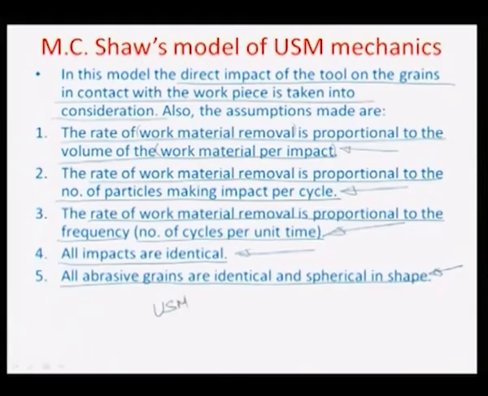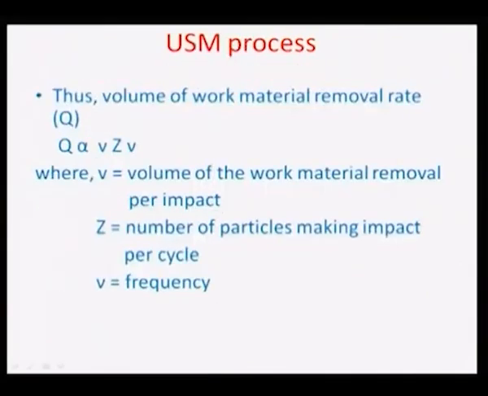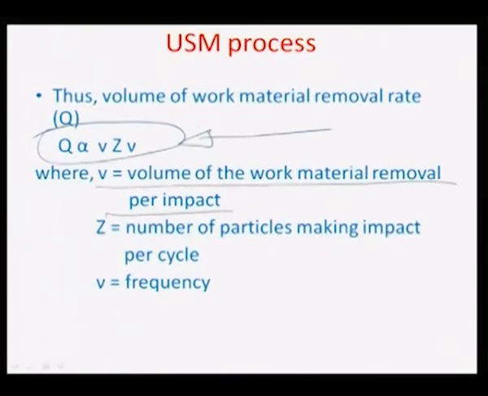If you go for a predictive estimation of the MRR, or the material removal rate of a USM process, this comes out to be of the form Q proportional to V Z nu, where V is the volume of the work material removed per impact, and we will calculate this volume in terms of indentation.